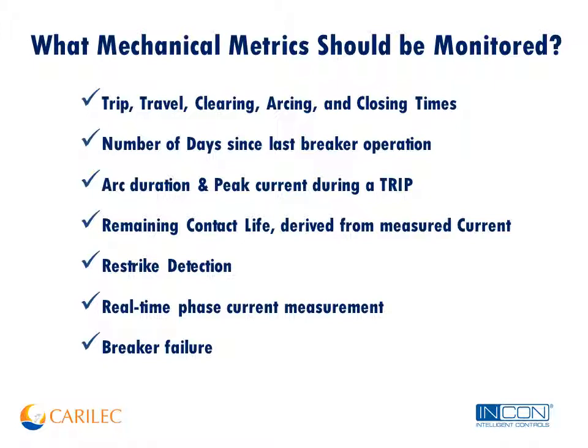Restrikes on these systems are very detrimental to power quality. We would also like to know real-time current measurement, and we would like to know if there's a problem with the auxiliary switches that would indicate a breaker failure of some kind.